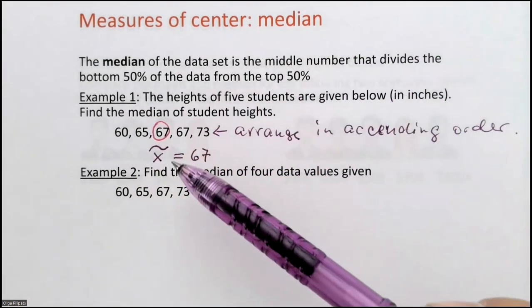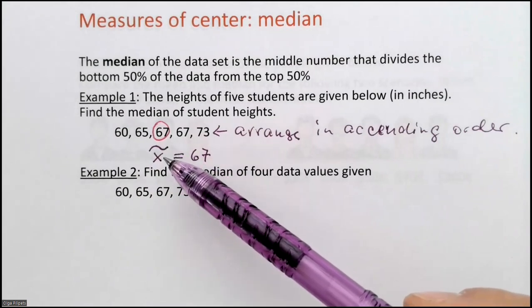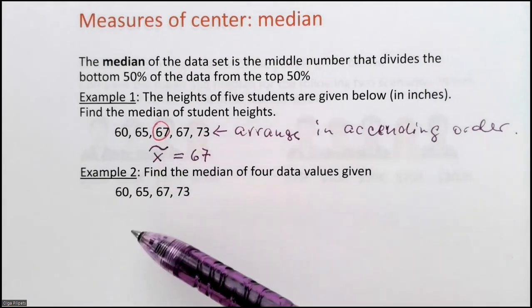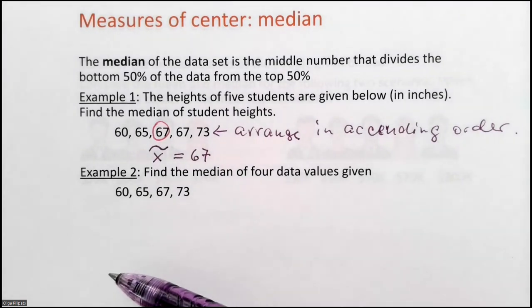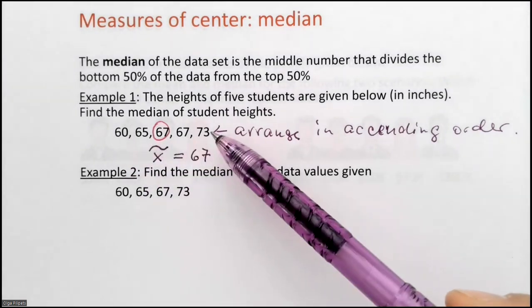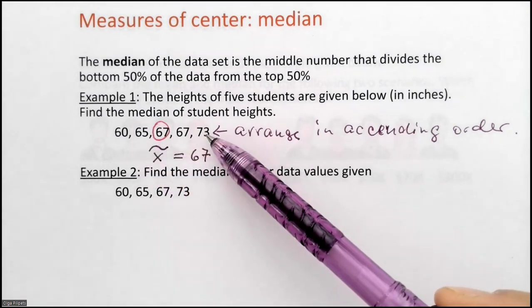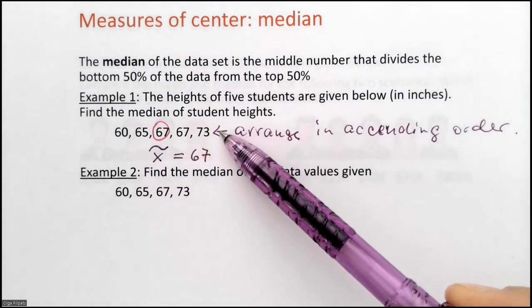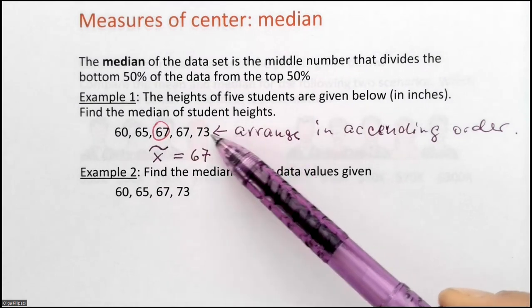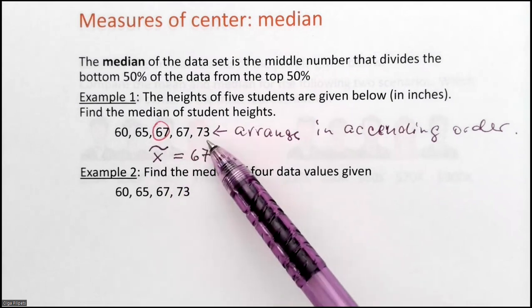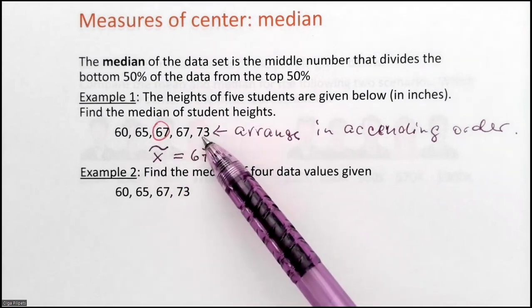Now, why would we use median for quantitative data when we could use mean? The reason is the mean is very sensitive to extreme data values. So imagine if there was one really, really tall person here instead of 63 inches tall.